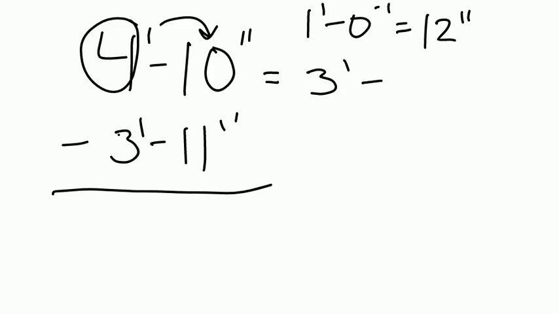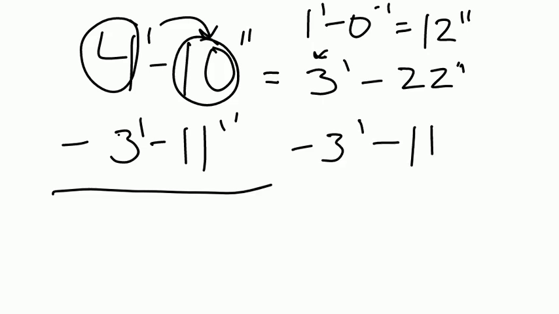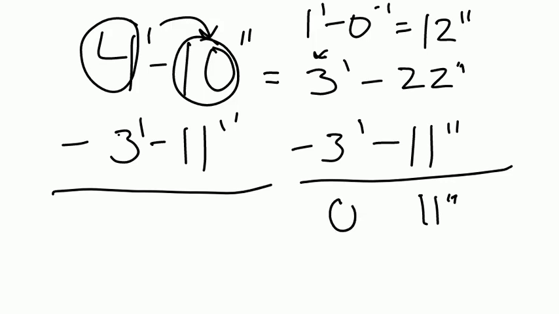And if we take the 12 from the 1 foot that we subtracted and we add it onto the 10, we have 3 feet 22 inches. And we still need to subtract the 3 feet 11 inches. So if we start over here, 22 minus 11 is 11 inches. 3 minus 3 is 0. So our fall off is 11 inches.